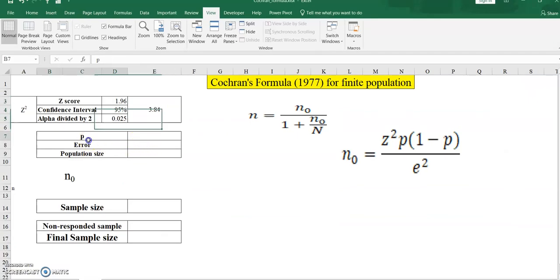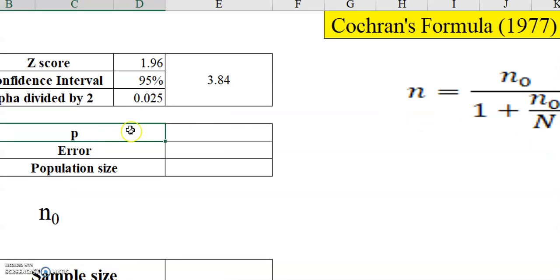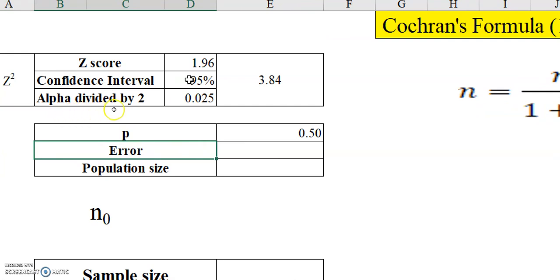Okay, now p is the estimate of proportion from the population. The highest proportion of estimate would be 50%, that means 0.50. So p is 0.50, and the error term: if you considered a 95% confidence interval, you already considered the error term of 5%. So the error term would be 0.05.